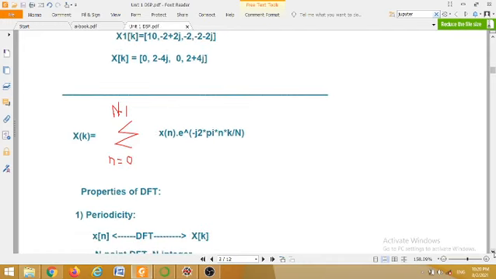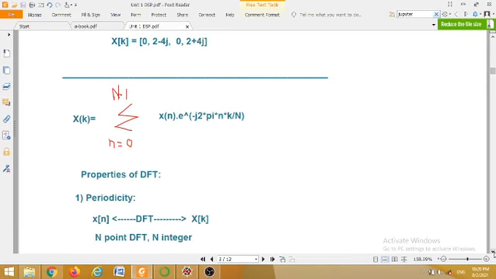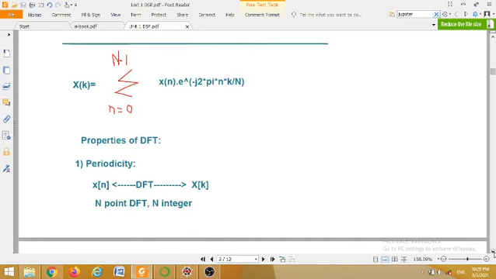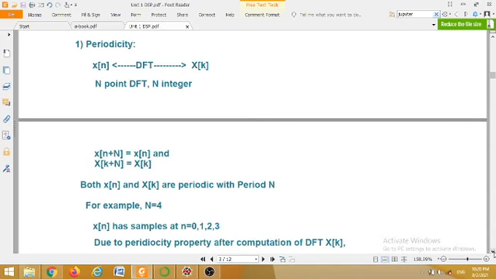Now we move on to the properties of the DFT. Here we have the periodicity property. Consider x of n whose DFT is X of k. After finding the DFT of the sequence x of n, that is X of k, we can state that x of n plus N equals x of n, and X of k plus N equals X of k.